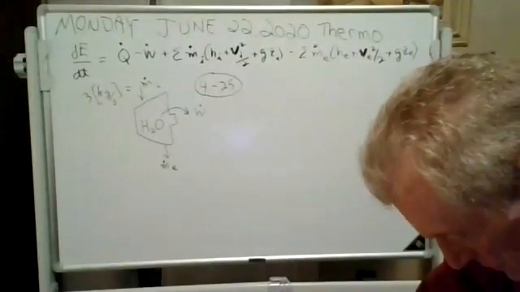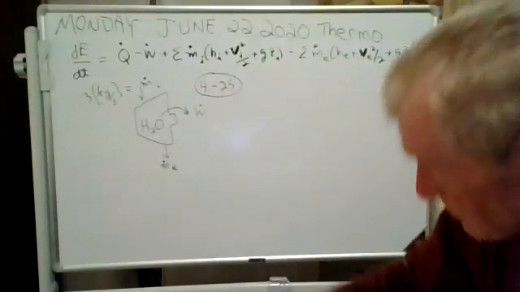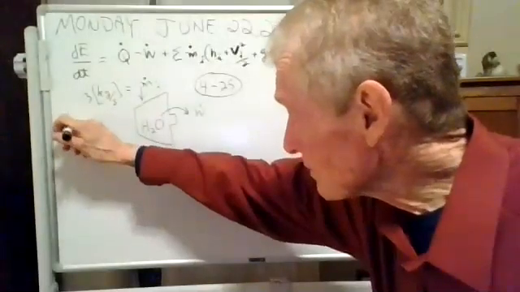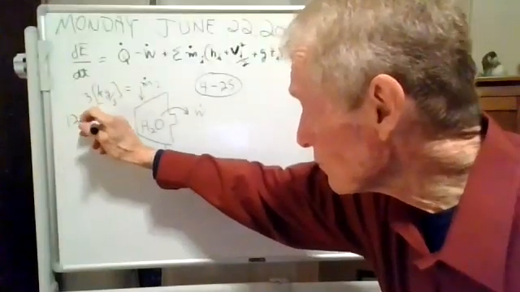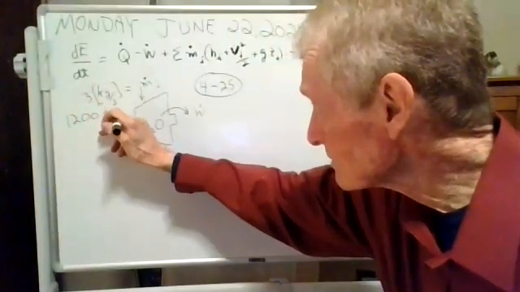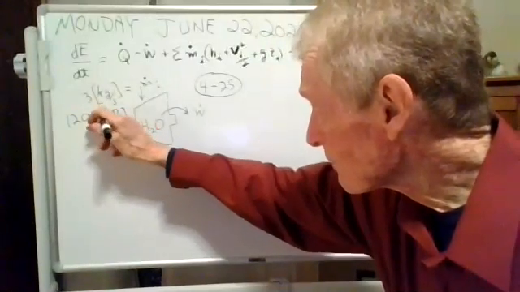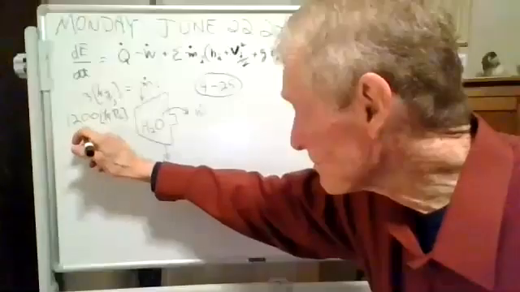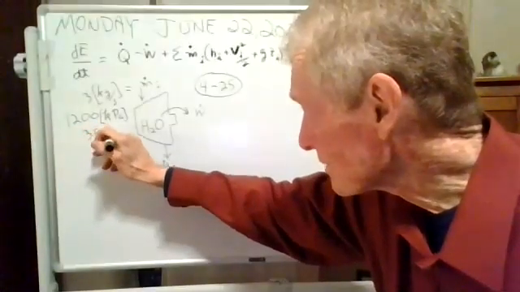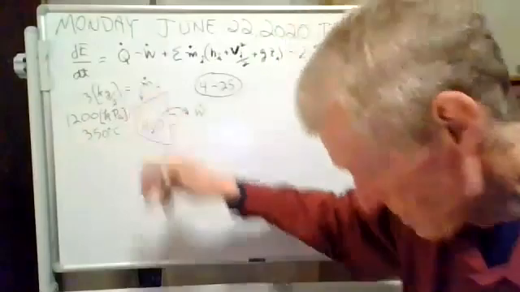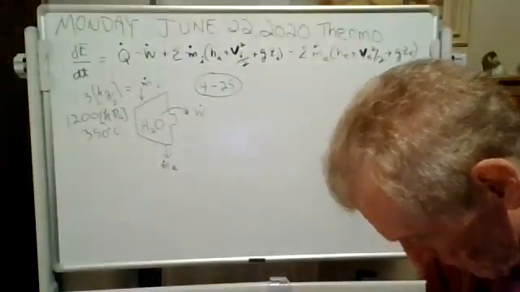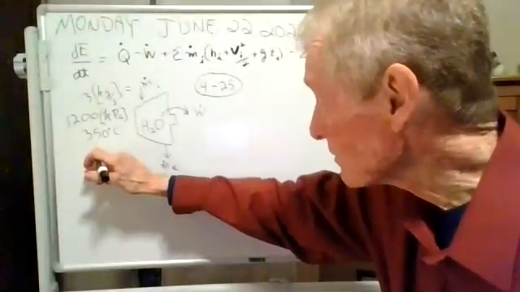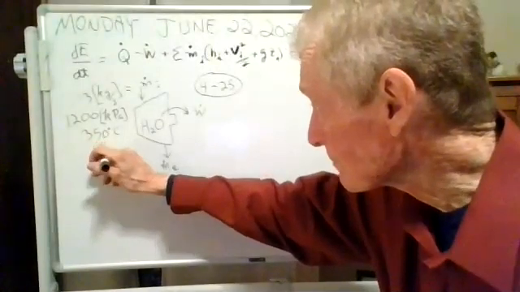Okay, now what else do we need to know here? Coming in, we've got 1200 kilopascals and 350 C, that's coming in, and a velocity of 15 meters a second. Man, we know a lot of stuff about the incoming.